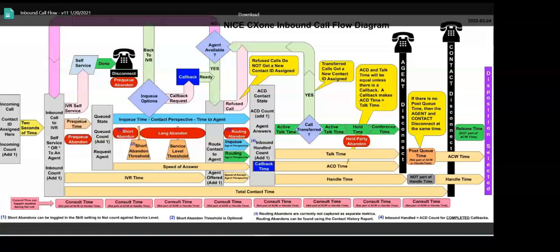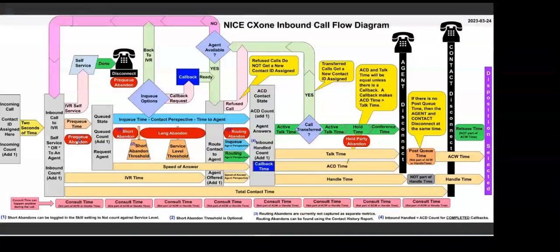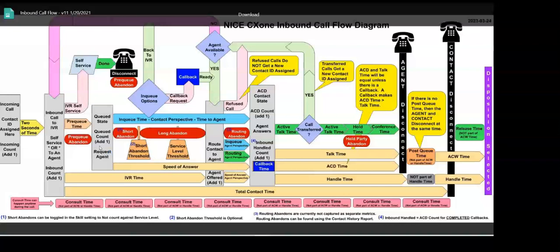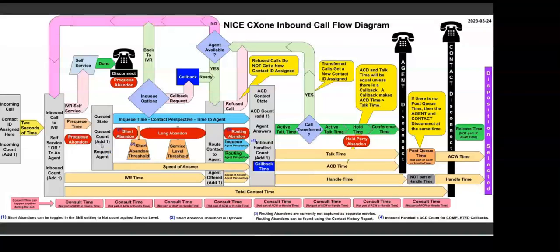If the call is dropped during that period, it's going to increment the pre-queue abandon counter, and then it goes into the queued state, and it increments the queued counter. What I tried to do is map all of the phrases that we use in the reporting with this diagram, so that the vocabulary you see in reports should match the vocabulary that you see in this diagram.